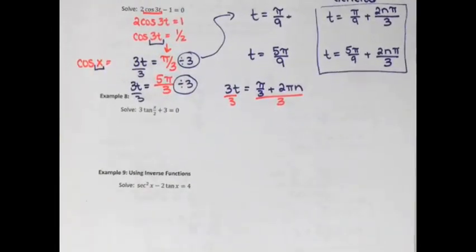All right, so 3 tangent of x over 2 plus 3 equals 0. Can you guys solve for the tangent of x over 2? So how would I solve for tangent in this one?